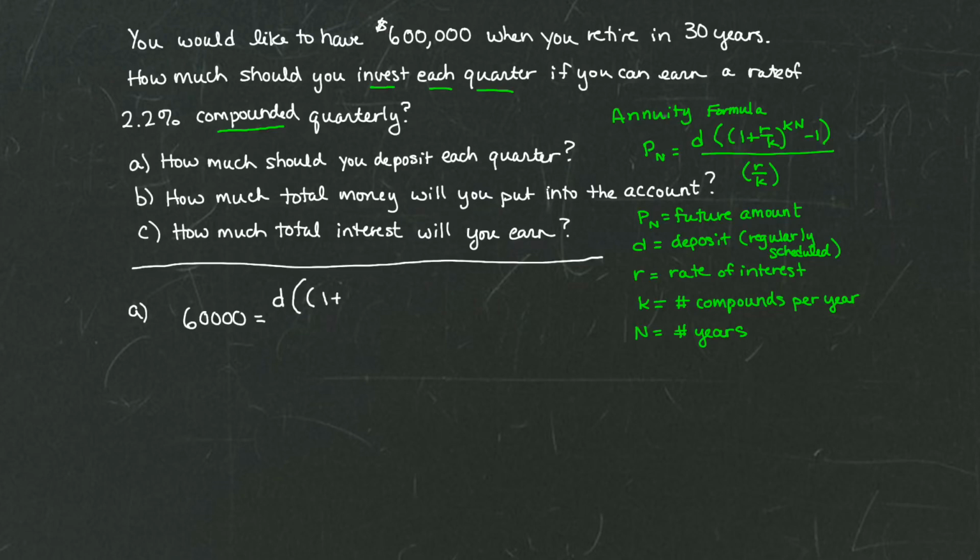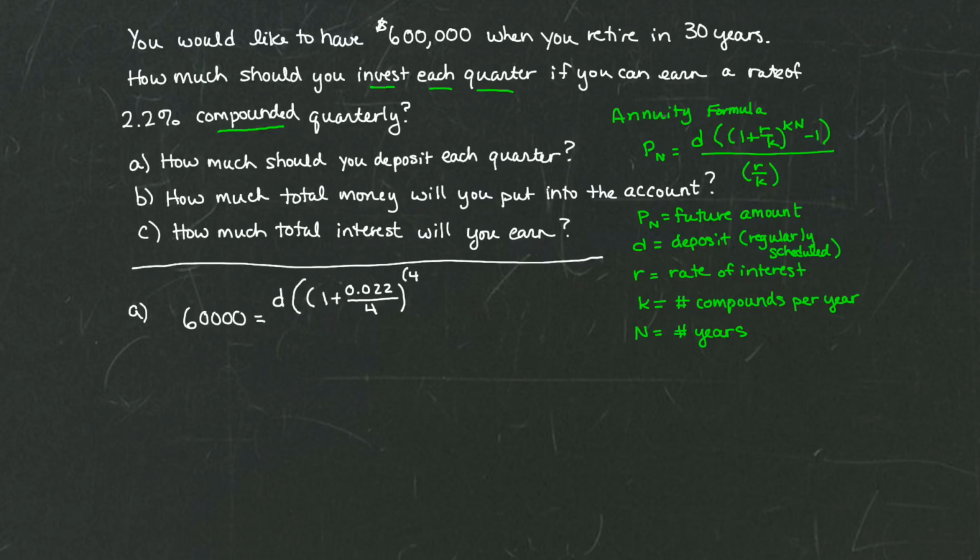1 plus r. Our interest rate is 0.022 divided by k. k is the number of compounds per year. And because we're investing at a quarterly rate, that means 4 times a year. So k is 4. This is all raised to the k times n.